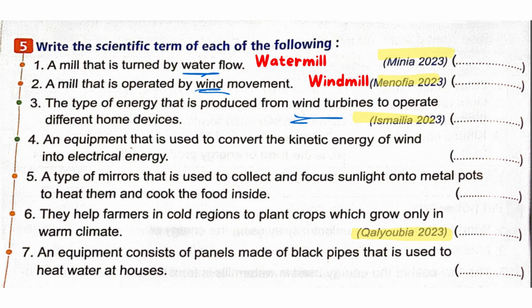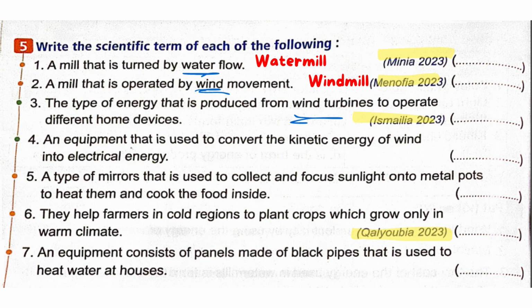And then we have question number 3, the type of energy that is produced from wind turbines to operate different home devices. Here, the question is about the type of energy, okay, that is produced, okay? So this is a produced energy from the wind turbines to operate different home devices.